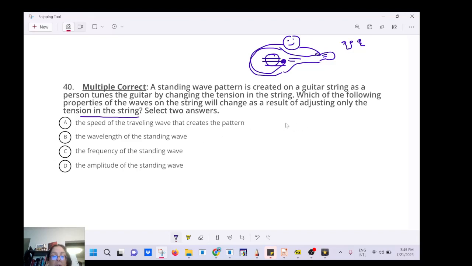So the speed, you might have multiple correct answers, okay? So the speed equals, you only change the tension. So we just change the tension. Let's say you increase the tension. So what's going to happen to the speed? You're going to change the speed for sure.